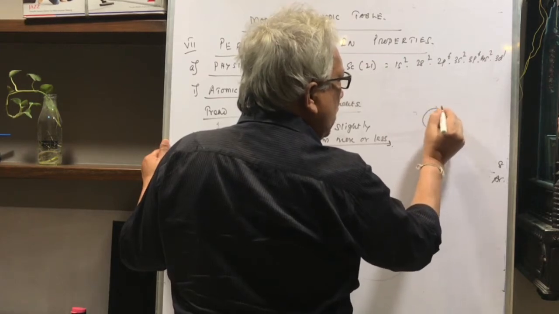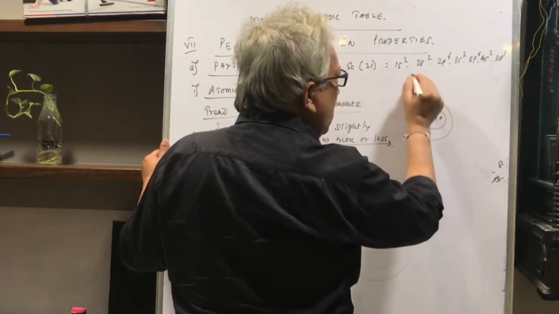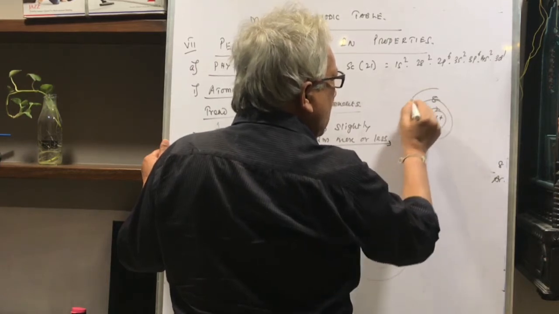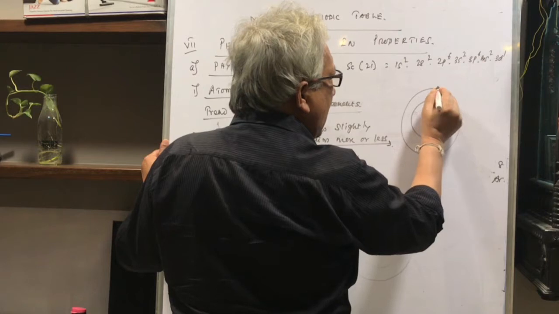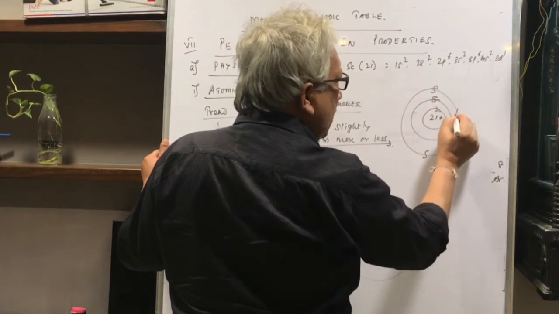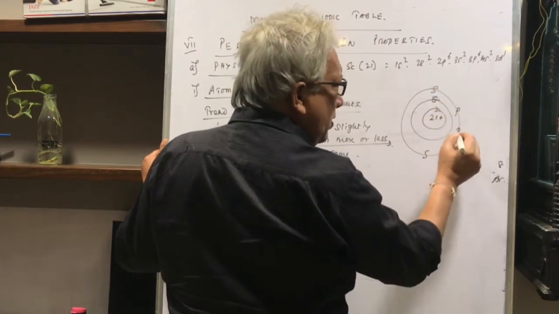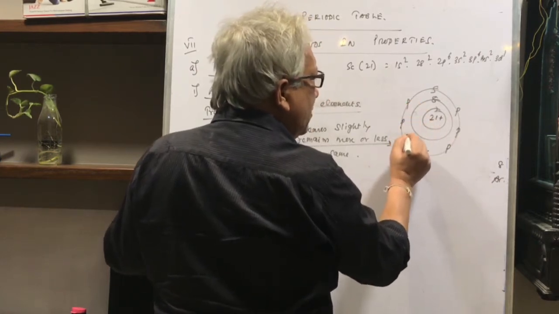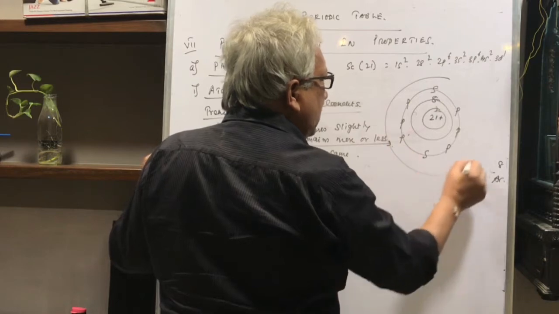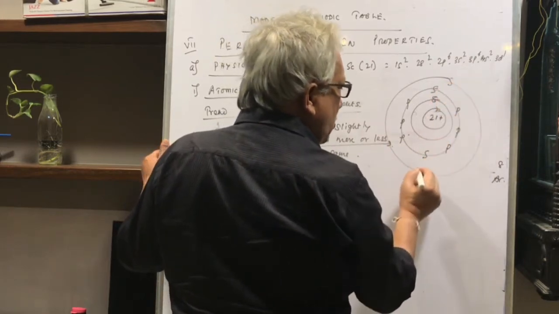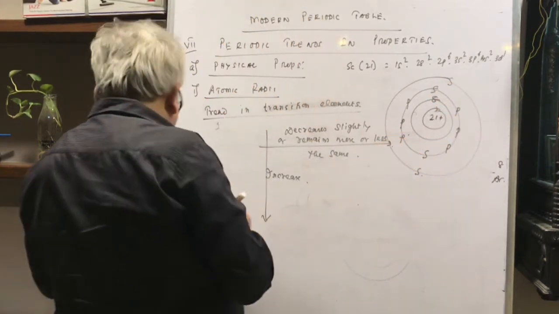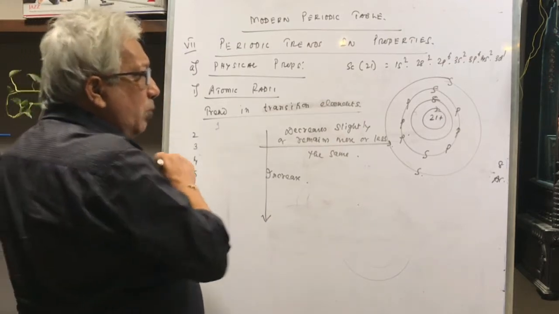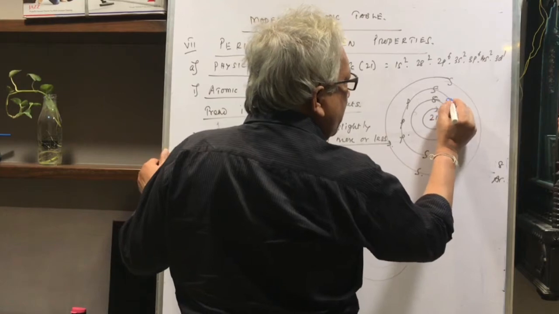First shell has 2 electrons in the s subshell, second shell has 8 electrons, s and p, third shell has s electrons 1, 2 and p electrons 3, 4, 5, 6. Then in the fourth shell there are 2 electrons, and now electron number 21 comes in the d subshell of the third shell.